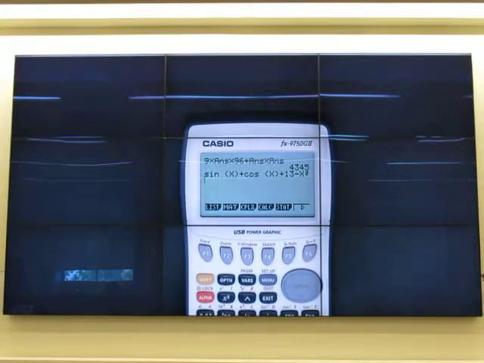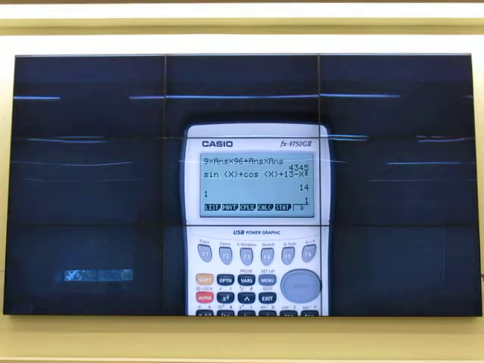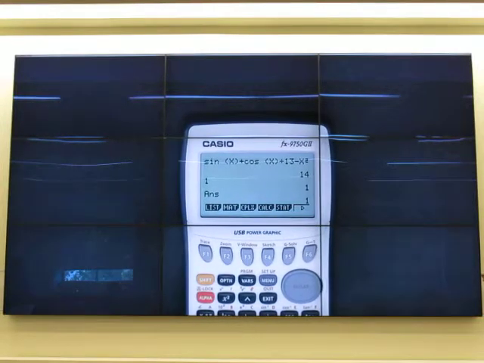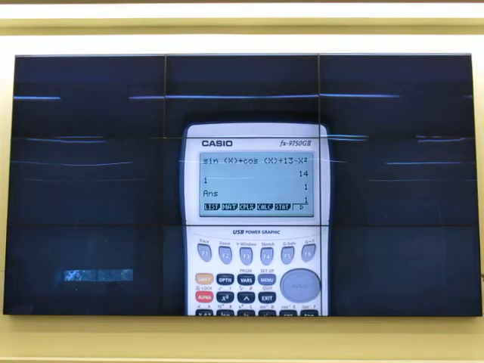Quick on calculator. Instead of x, I change to ANS. Okay. So I type 1, Enter. Now my ANS will be 1, right?